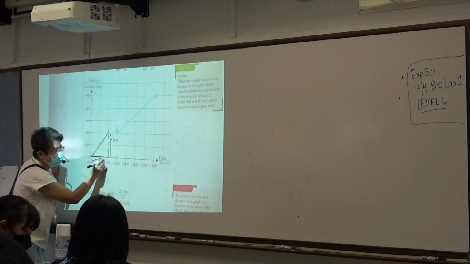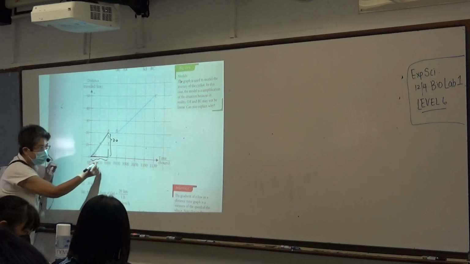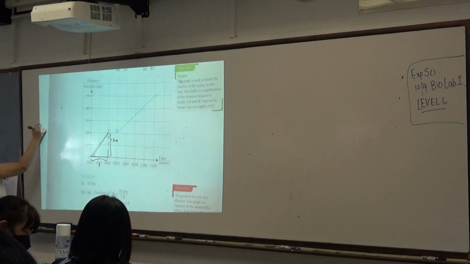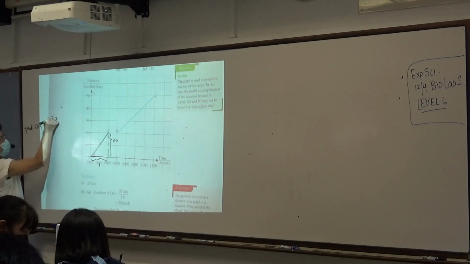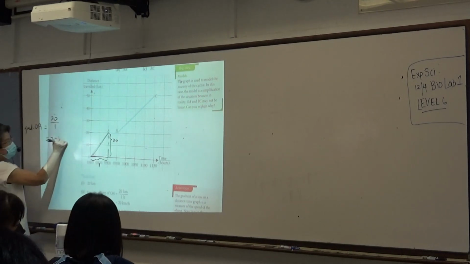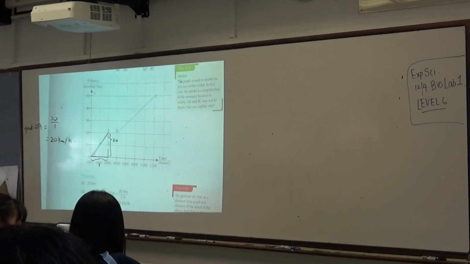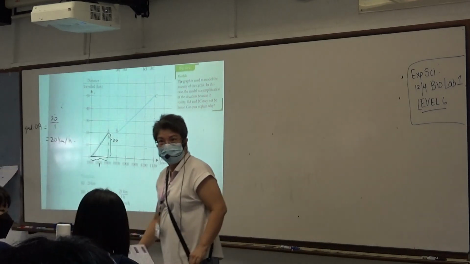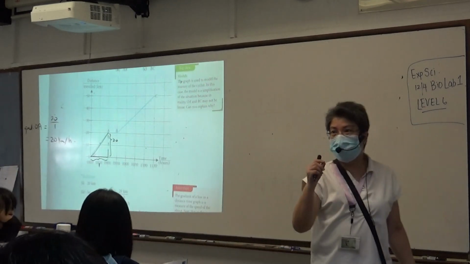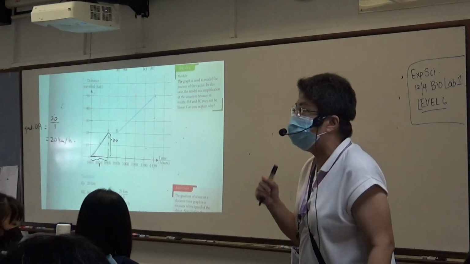How many hours is this? 1 hour. So the gradient for OA is 20 over 1, right? That means this is 20 kilometers per hour, right? So what does the gradient represent if I write in this form? It's the speed, right? So gradient of a distance time graph will give me speed.